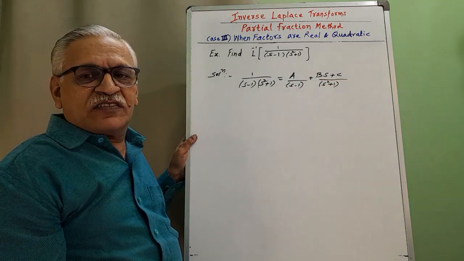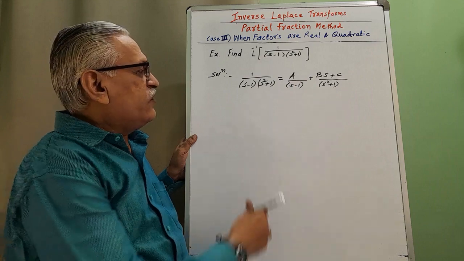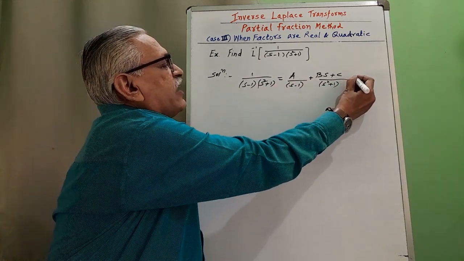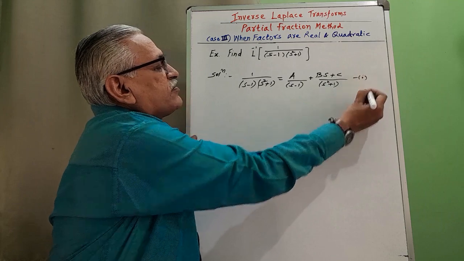Therefore, this is the way in which we can make the partial fraction, and we call this equation 1.